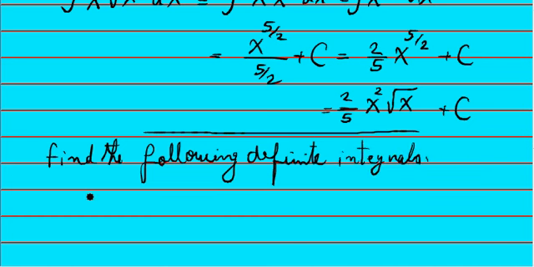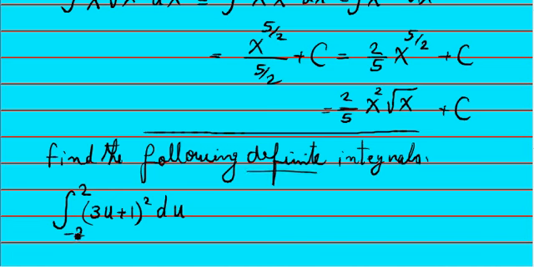For example, here's a question. Say 3u plus 1 squared du. Integral is from -2 to 2. So this is a definite integral.